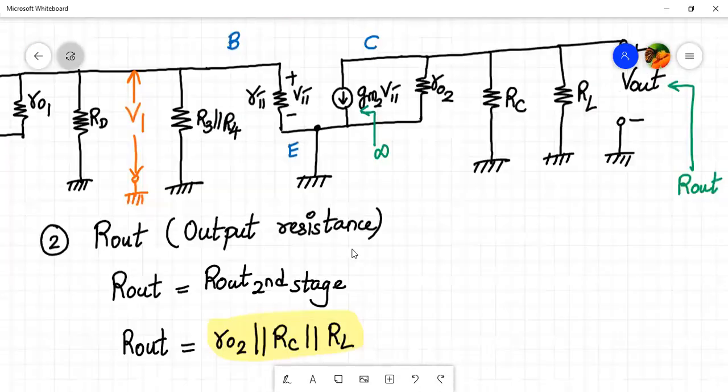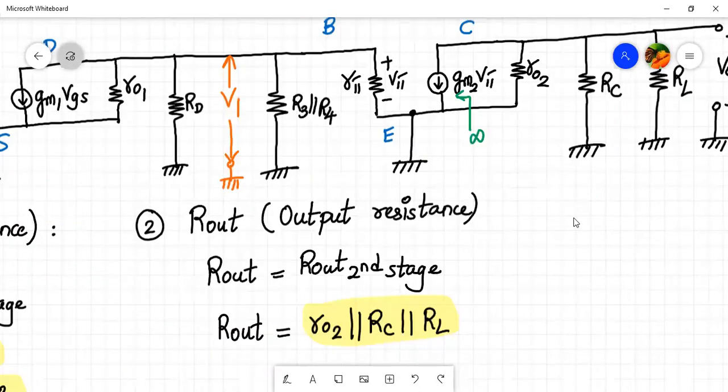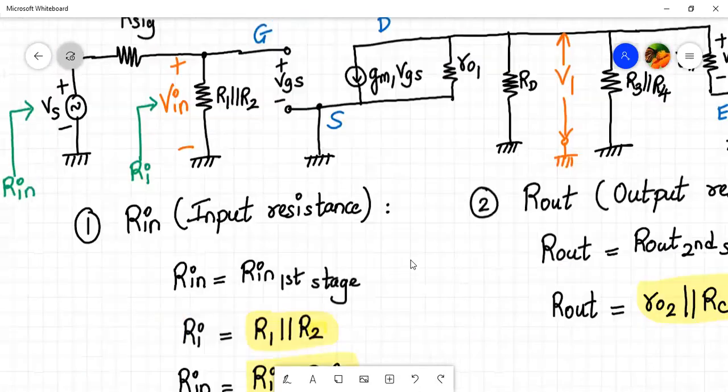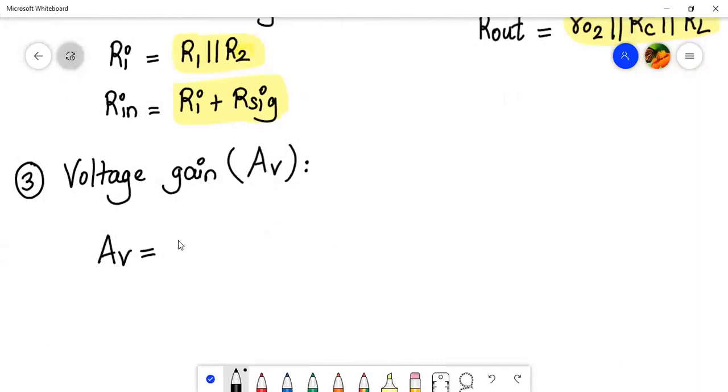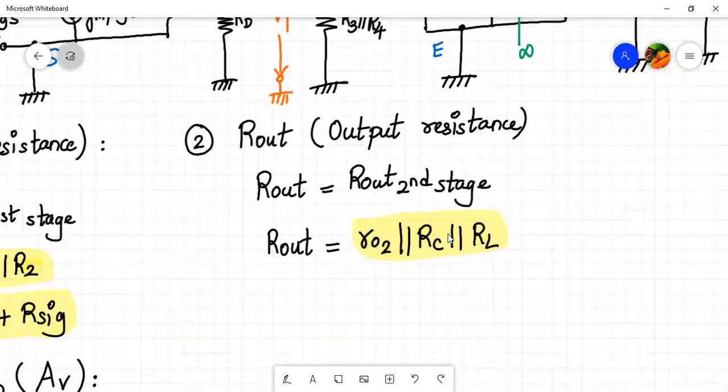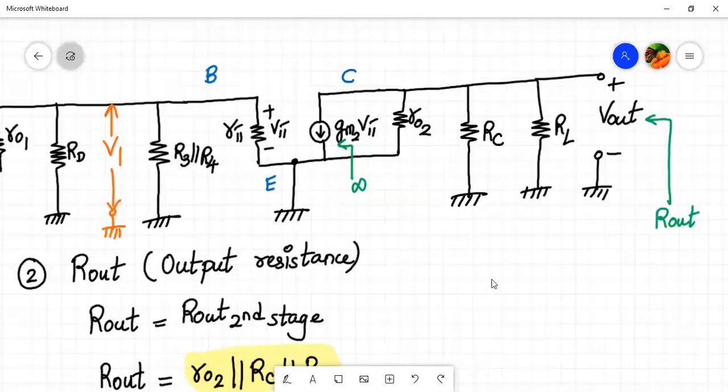So what is the output over here? The output is V out and the input over here is Vs. So here I will write AV, which is the voltage gain, will be V out upon Vs, which can be written as, now the gain of the second stage will be given by V out upon V1, correct?